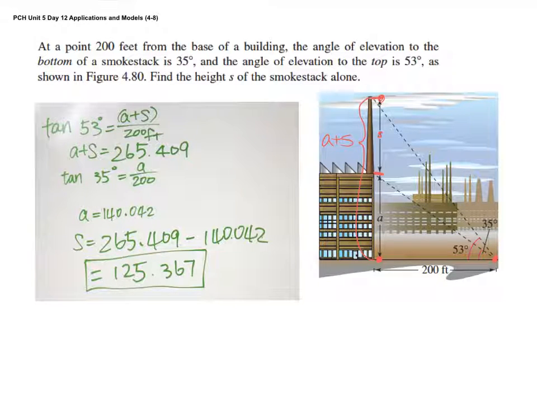And then we used the smaller triangle that just had A in it and a 35-degree angle. And tangent of 35 was A over 200. So we figured out that the building was 140 feet tall. So if we subtract, we got that the smokestack itself was approximately 125.367 feet tall. Okay? Any questions about that one?